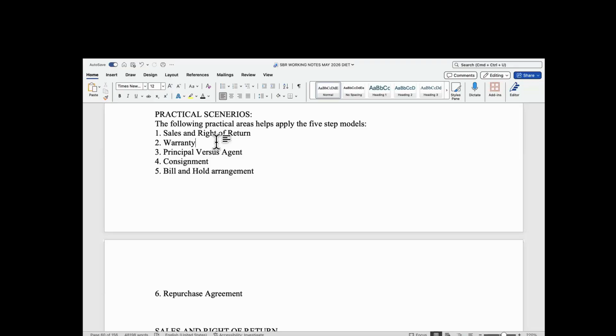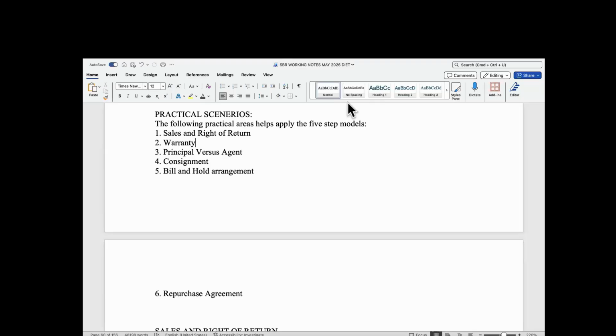However, the service related or extended warranty is where the customer wants the product to do more, or wants to extend the warranty period, and in this case, the seller will have to charge extra for that. So those type of warranty, you have to treat as a separate performance obligation, and you need to allocate transaction price to them.